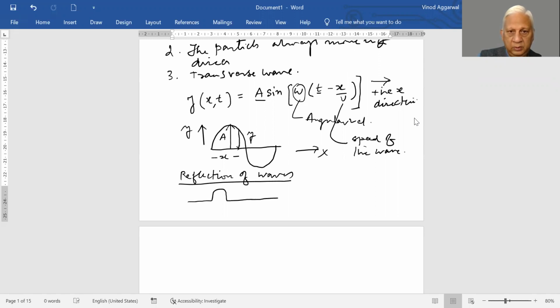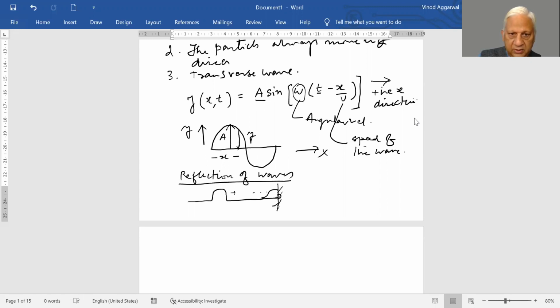Now, if our string was very long, it will keep on moving in this direction. But what happens if it meets a fixed point? Then this progresses, comes here, here, here. Finally, it comes here. And then, since it cannot go any further, it reflects.